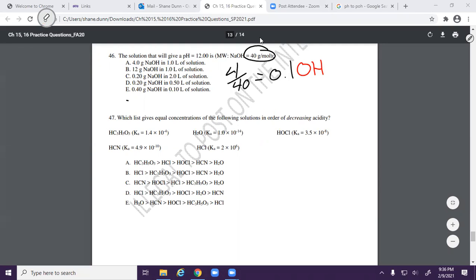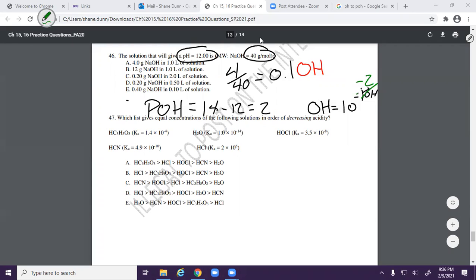NaOH is a strong base. To figure out how much you're looking for, I forgot a step because I hate this problem. pOH is equal to 14 minus 12, which gives you 2. The OH concentration is equal to 10 to the negative pOH, or in this case, 10 to the negative 2, which is the same thing as saying 0.01.